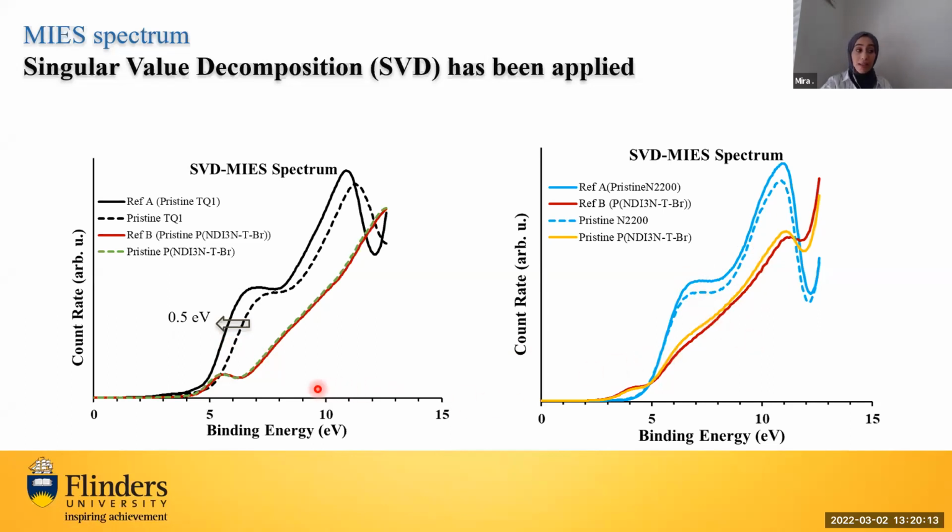And that makes sense because MIES is sensitive to just the outermost layer, but UPS can probe deeper, by around 2 or 3 nanometers.